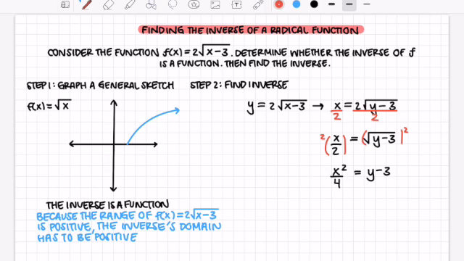From here, I'll just add 3 to both sides, and I'm left with x to the power 2 times 1 over 4 plus 3 equaling y.